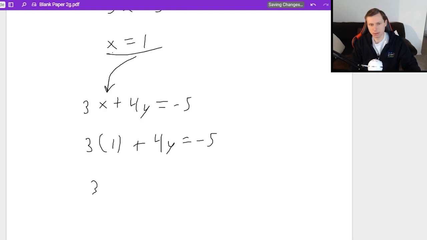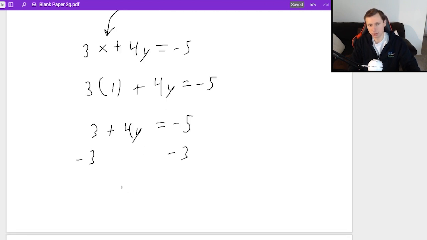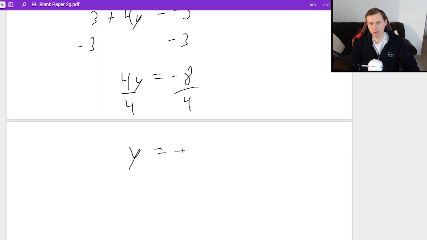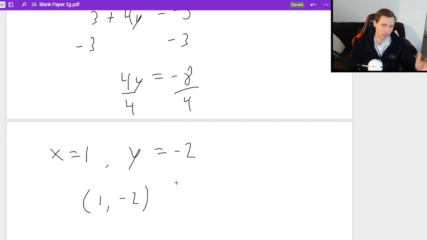That means I'm getting 3 plus 4y equals negative 5. At this point, it's just simple linear algebra to solve for the y. I subtract 3, so 4y equals negative 8, and then divide both sides by 4, and I get y equals negative 2. So my total solution is x equals 1, y equals negative 2, or if you'd like to write that as a coordinate point, we could say 1 comma negative 2 as well. All of these are acceptable.